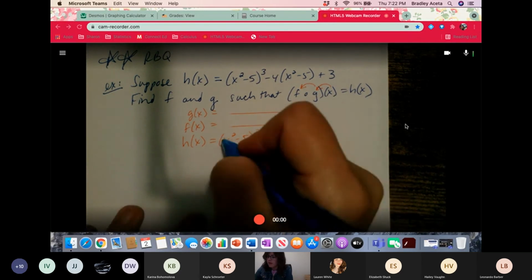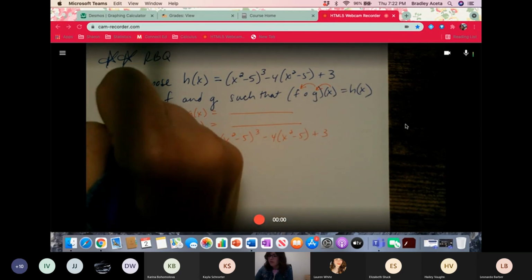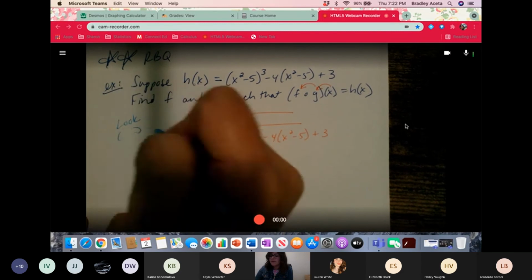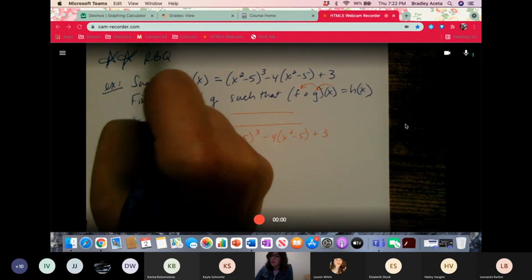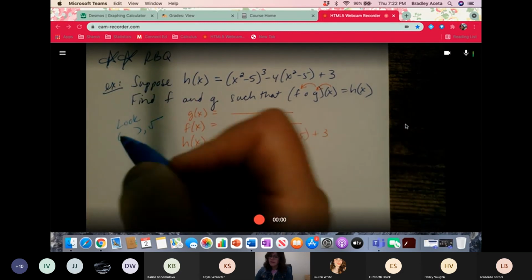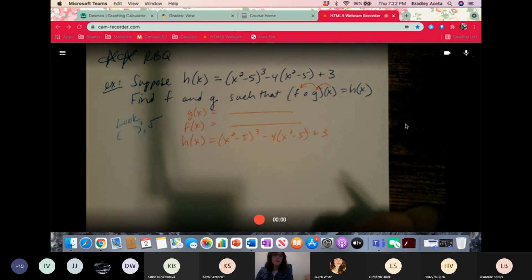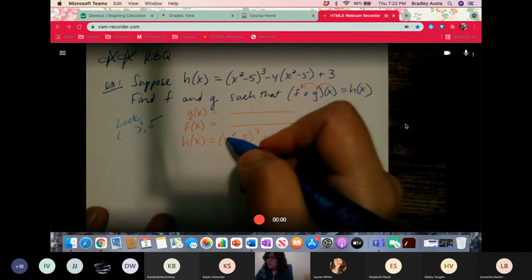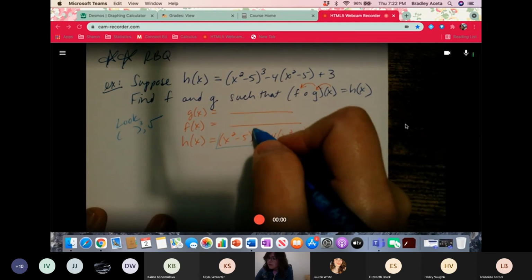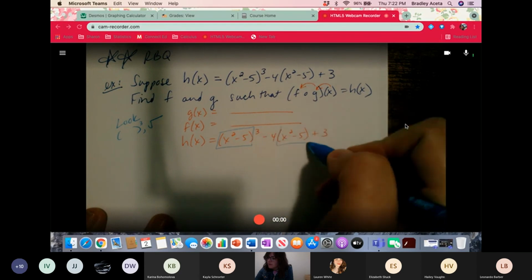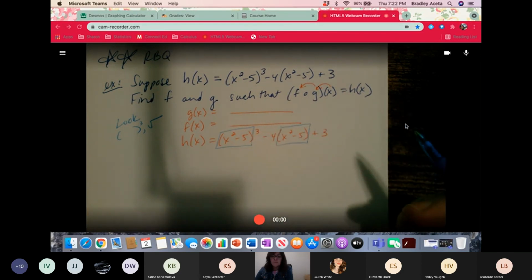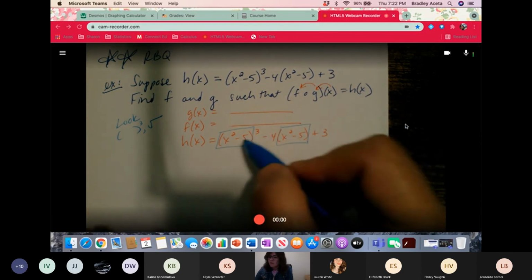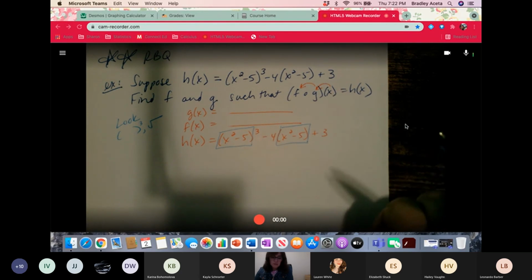I look for parentheses to powers. I look for square roots. I look for things with powers, like a cube. And I look for the things that are repeating. This is repeating and this is repeating, right? And where it's repeating, I just replace it with an x.